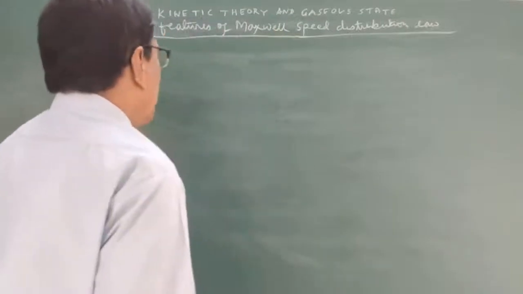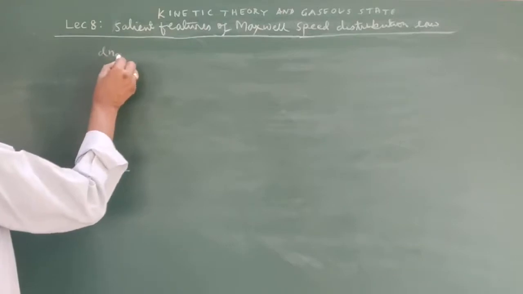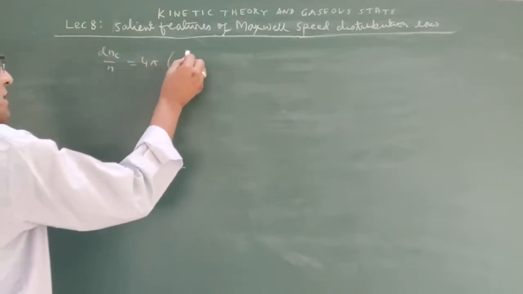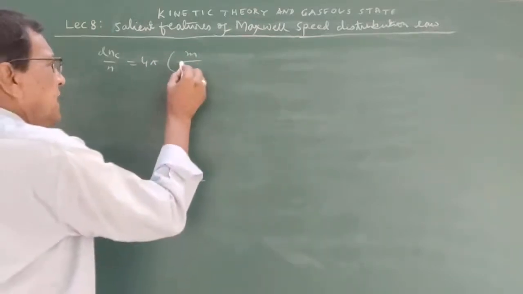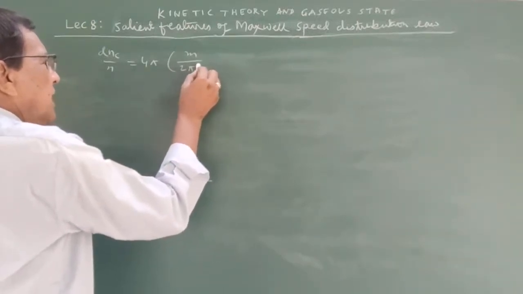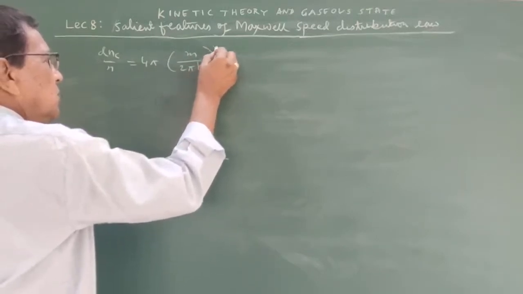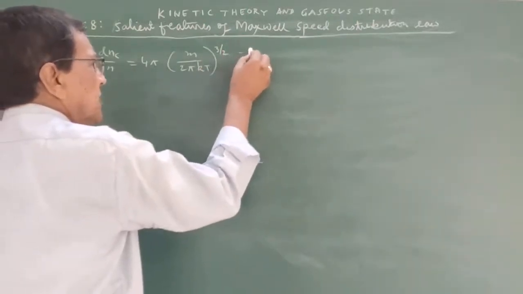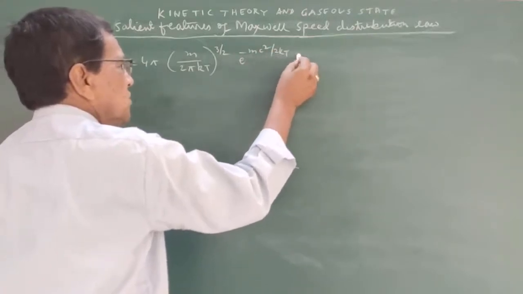Maxwell's formula for the speed distribution is dn_c by n equal to 4 pi, and we can also write in terms of molecular mass m, (m by 2 pi kT) to the power 3 by 2 into e to the power minus mc square by twice kT, and c square dc.